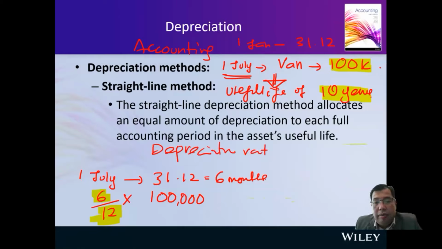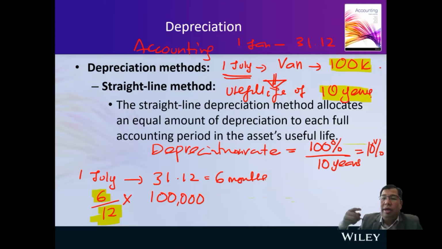Depreciation rate is equal to 100% divided by 10 years. So this gives you 10%. So every year, the asset will depreciate by 10%. So you can do this, multiply by 10%.